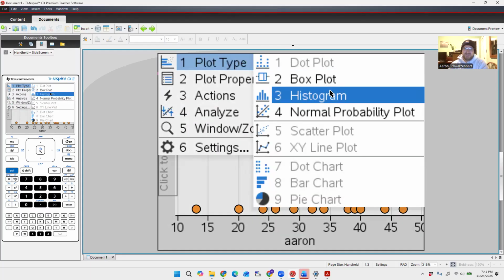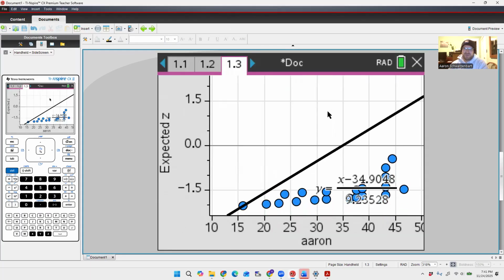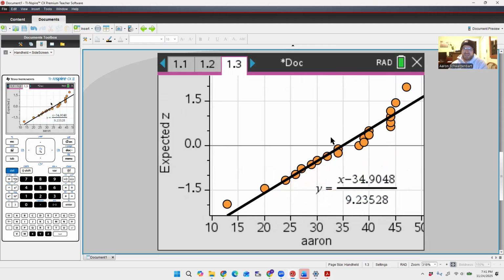I could go to a box plot or a histogram, but we'll go back to the normal probability plot. Again, the more linear the data is, the closer these fall to this line, the more normal it is. This one is sort of, but sort of often ends up being good enough.